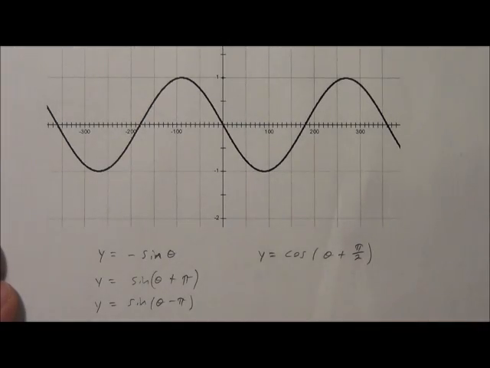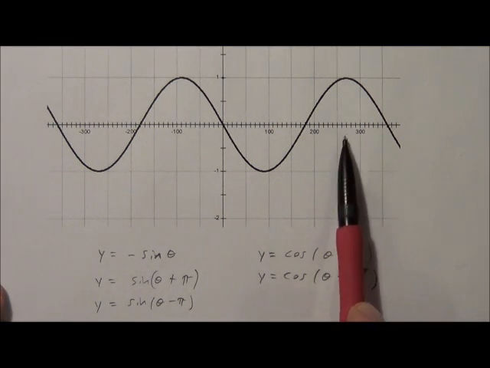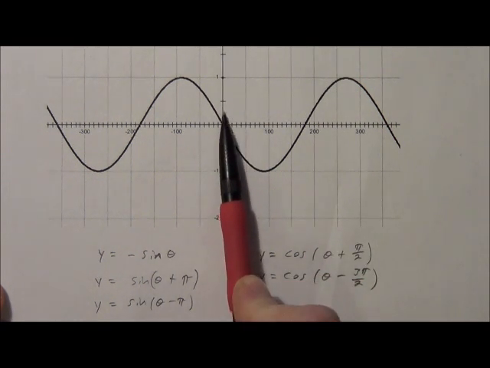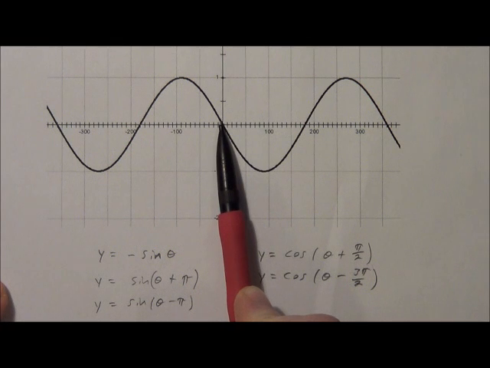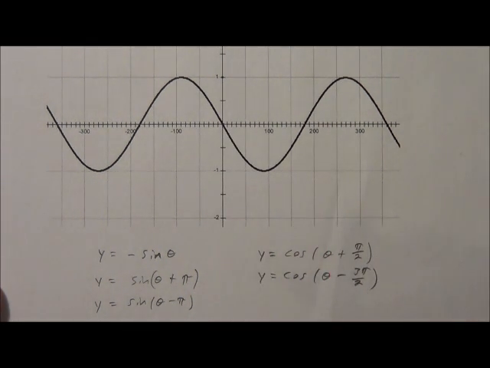If we continue with this as a cosine curve, we could say this is cosine of theta minus 3 pi by 2. So this is the maximum here, and this is 3 pi by 2 away from the y-axis. So it can be shifted to the right 3 pi by 2.